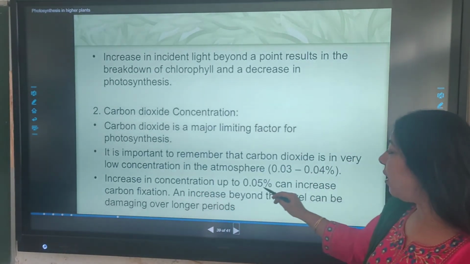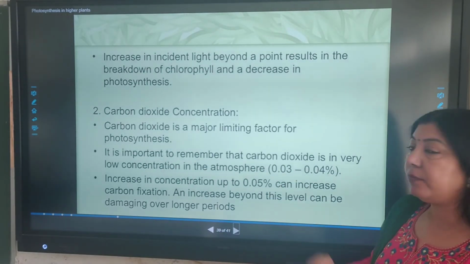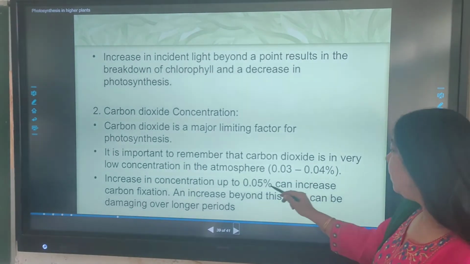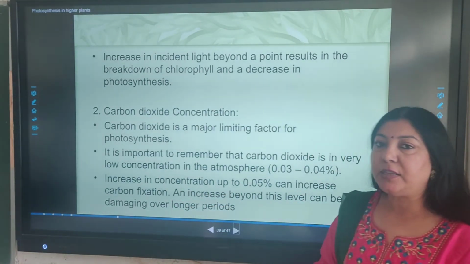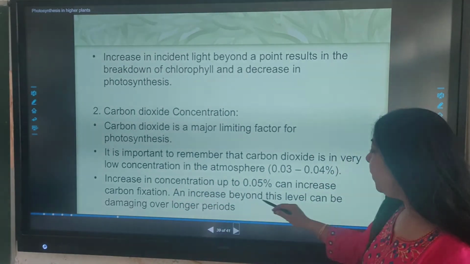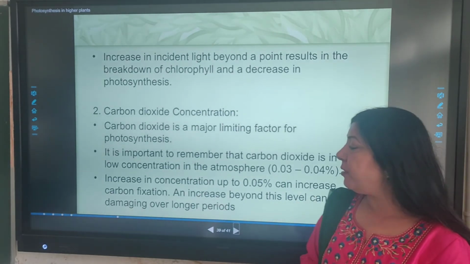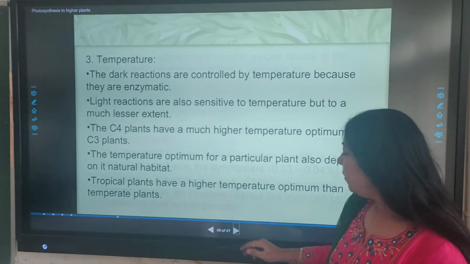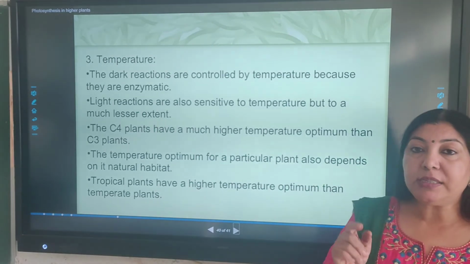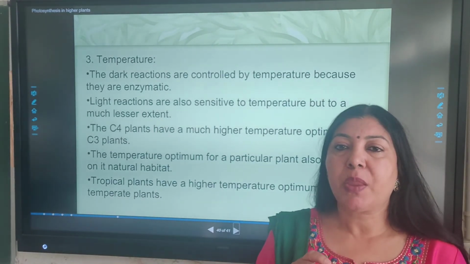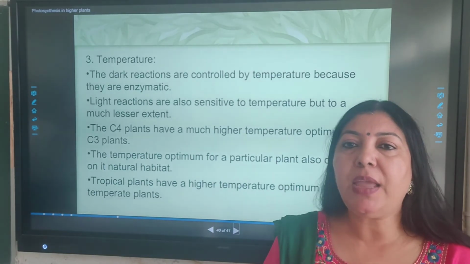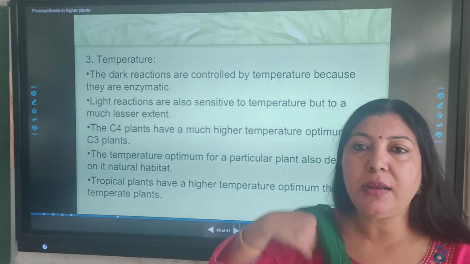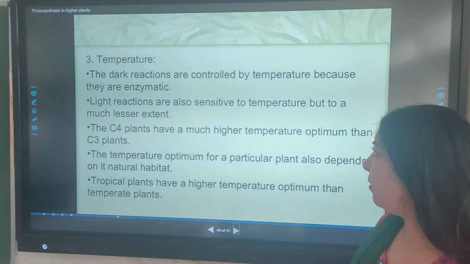An increase in concentration up to 0.05% can increase carbon fixation, and an increase beyond this level can be damaging over a longer period. So you see that only C3 plants are influenced by the increase in CO2, whereas C4 plants are not affected by an increase in CO2 concentration.